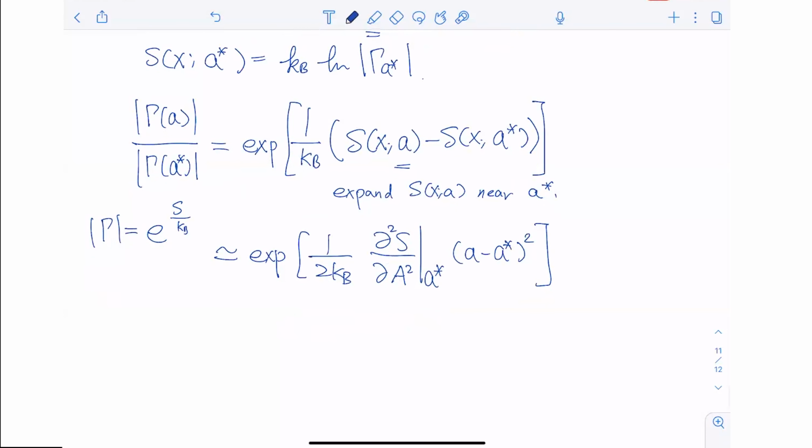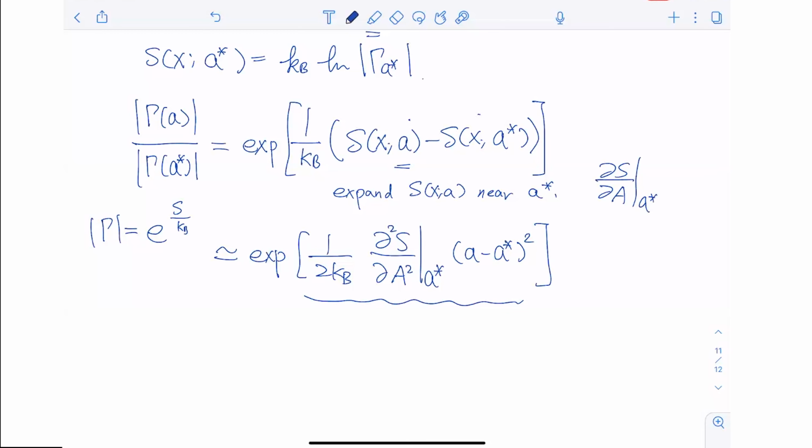The reason that we only have the quadratic term contribution is because at the zeroth order we have basically the same equilibrium value, so they will be subtracted from each other. So we got nothing. And the leading order is something related to partial S, partial A, evaluated at A star.